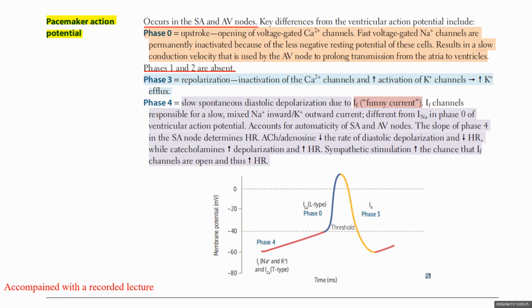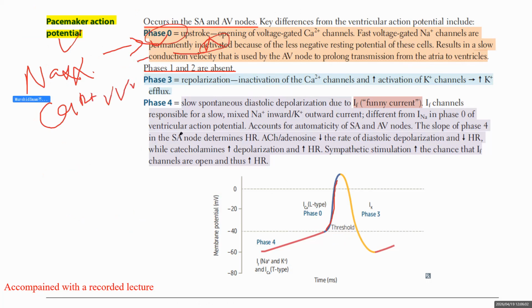So in the pacemaker cells, in phase 0, we have the calcium channels open. We have permanent inactivation of the sodium channels, and we can simply remember that this phase 0 happens because of not the sodium influx, but the calcium influx, right?